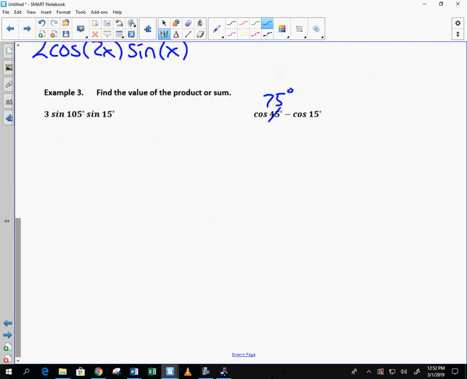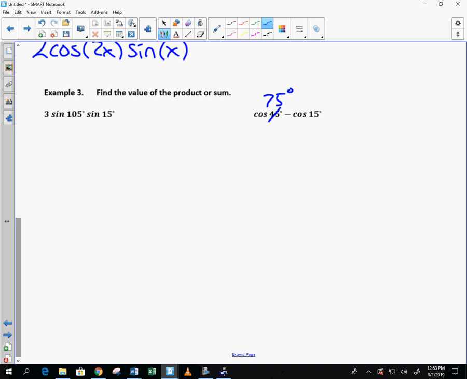Last 2 examples. Find the value of the product or sum. Here we're given actual angles. 3 sine of 105, sine of 15. You don't know the exact value of sine of 15 or sine of 105, do you? Nope, we don't. But maybe if we switch it from a product to a sum, maybe it'll work out for us.